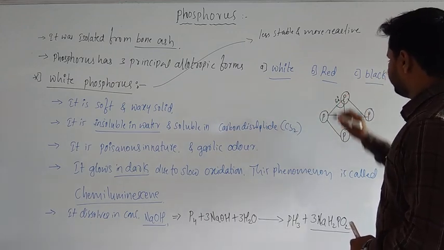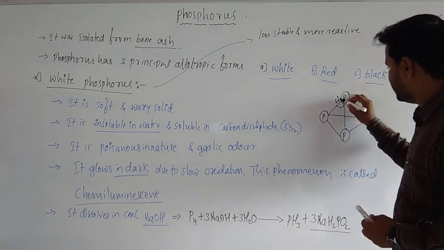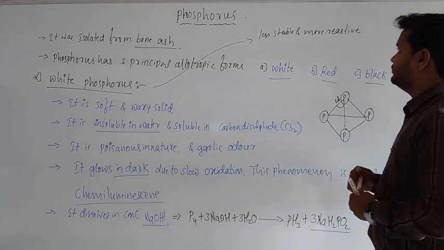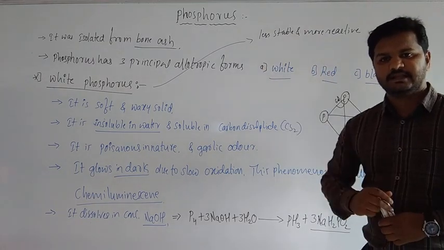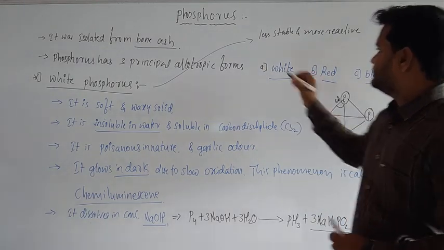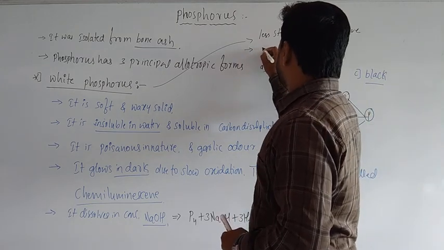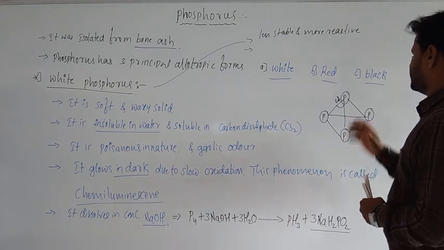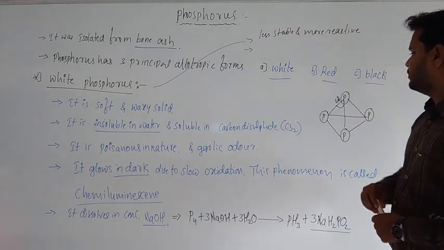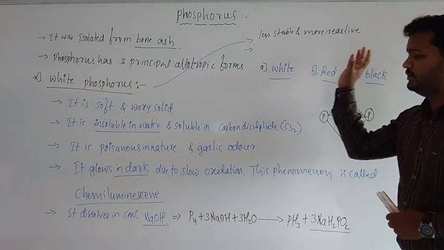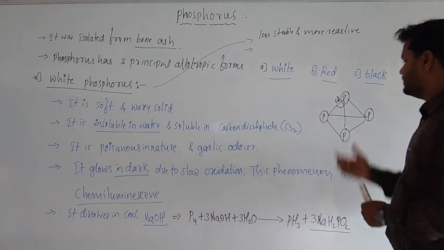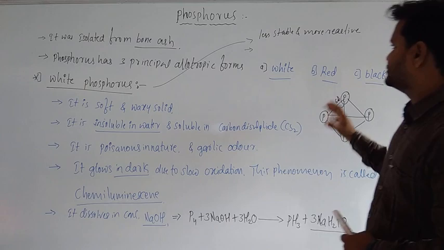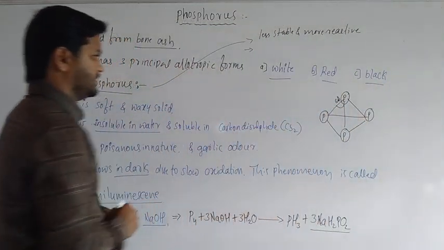This is the P4 molecule. Due to the angular strain in the P4 molecule, it is more reactive and less stable. So this is about white phosphorus.